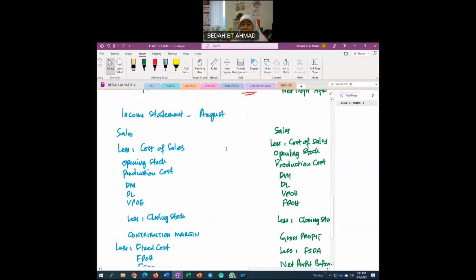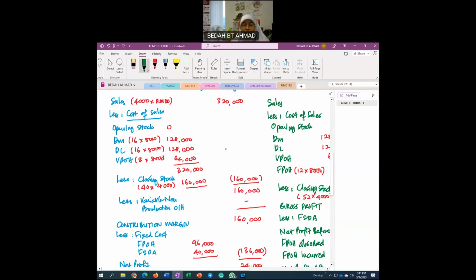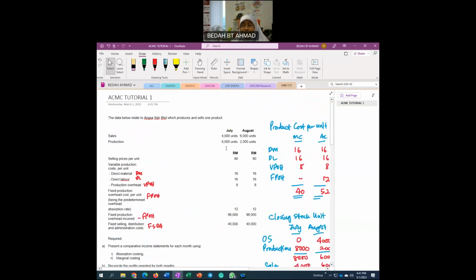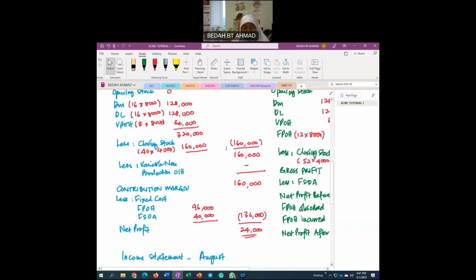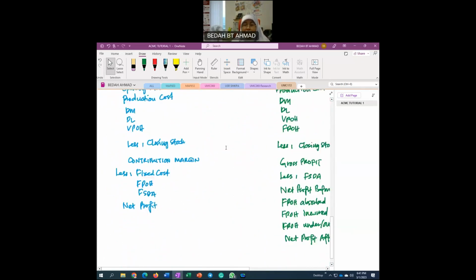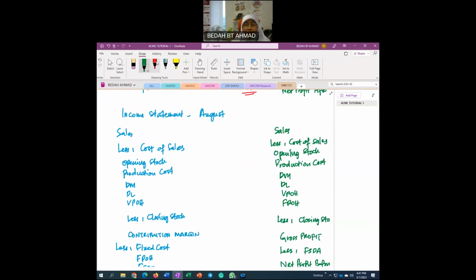Okay, I've prepared another format for the income statements for August. So similarly, sales. The sales unit here is 6,000 units, multiplied by the selling price of 80 ringgit, so it is 480,000.